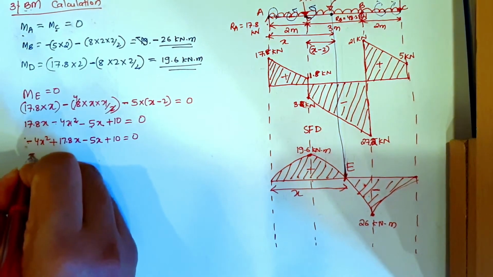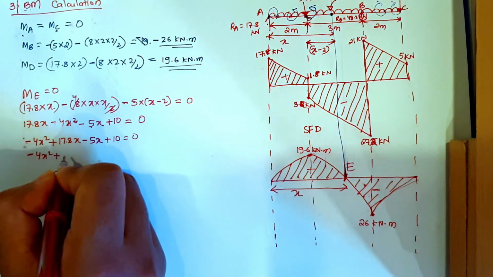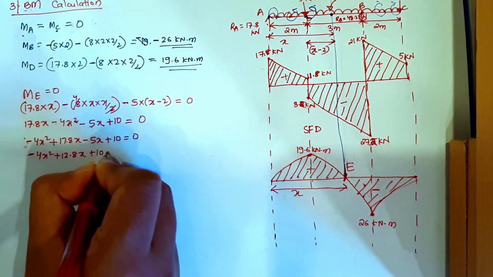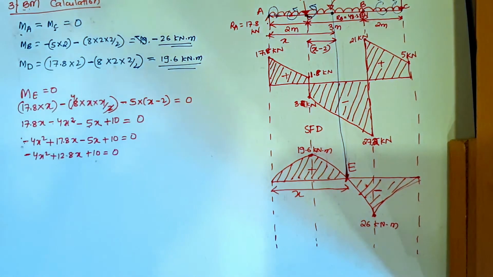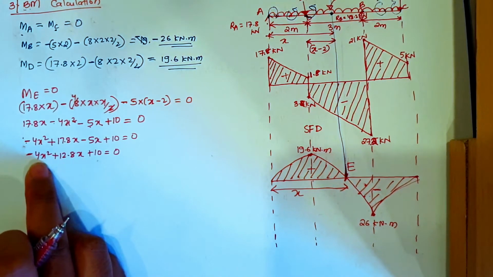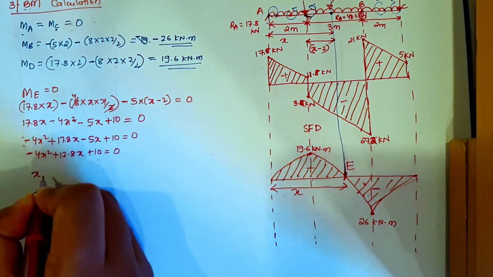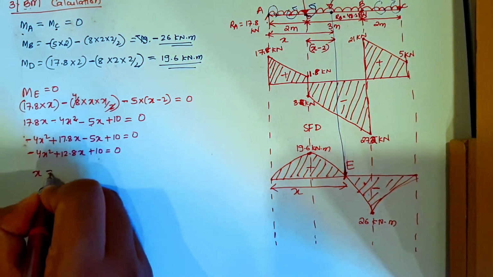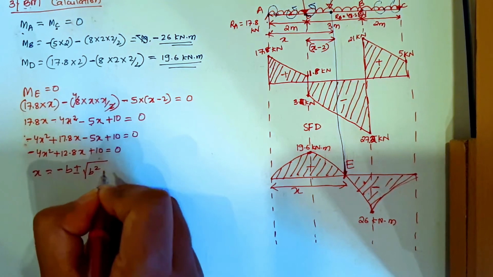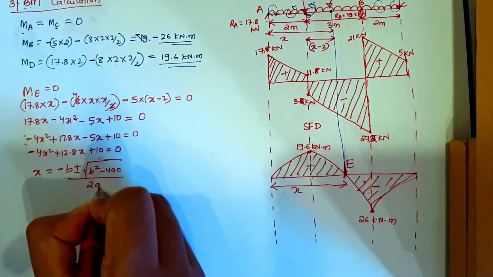Now if you further solve this, you will get minus 4x square plus 17.8 minus 5 will be giving you exactly 12.8x plus 10 equals to 0. Now this equation, we have to find the value of x. You can find it from the calculator easily, or else you can use this formula, x equals to minus b plus minus root of b square minus 4ac divided by 2a.